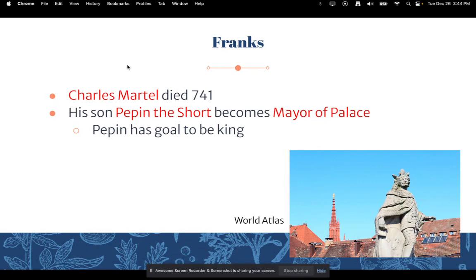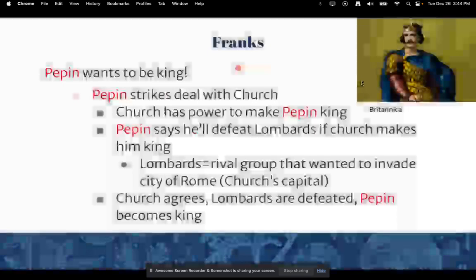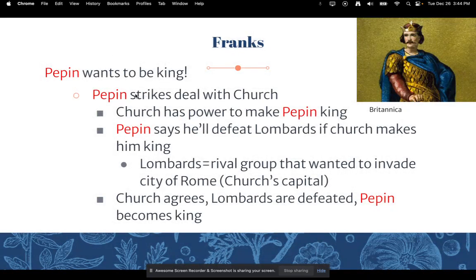So Charles Martel would then die in 741, and his son Pepin the Short becomes the mayor of the palace. But Pepin is not just satisfied with being the mayor of the palace, he also wants to be the king. Which again, mayor of the palace has the most power, king's just a figurehead, but he wanted both. So Pepin's like, hey, I really want to be the king.